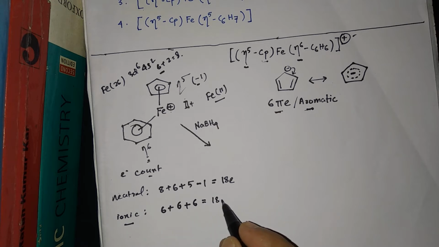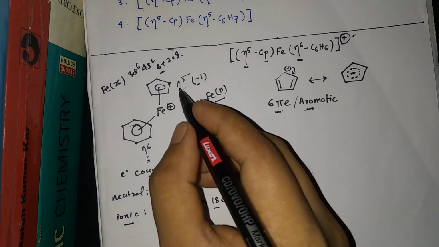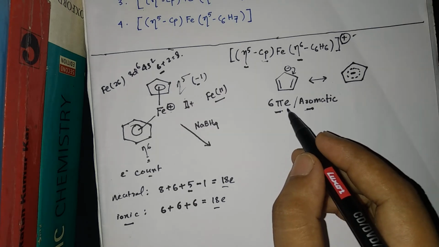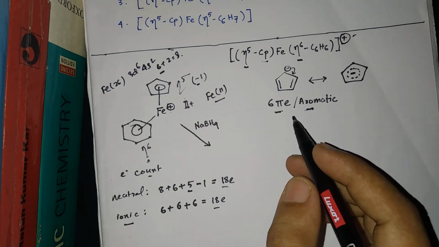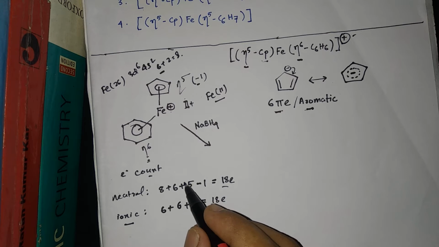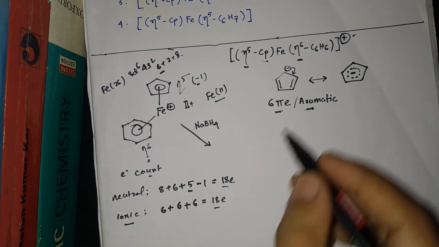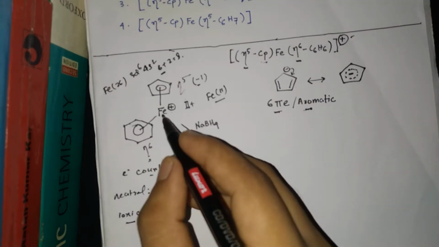So it is 18 electron. Both are the same. Why did I show this? Because many people are confused about why we take the eta 5 Cp ring as a 5 electron donor though it has 6 pi electrons. You have to remember that for the neutral method we consider 5 electrons, but for the ionic method we consider 6 electrons. Actually it is a 6 electron donor.